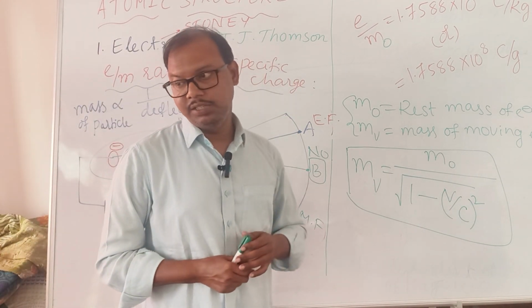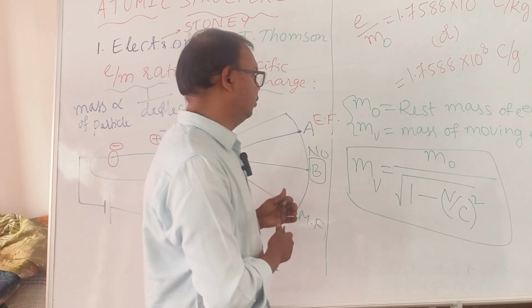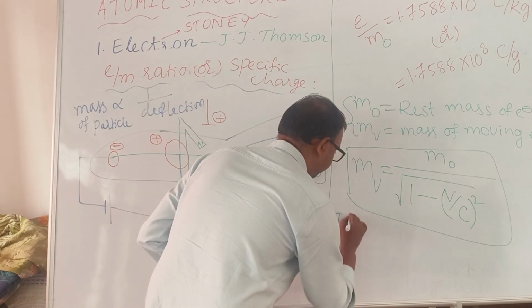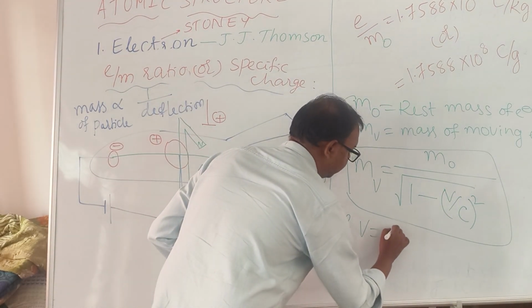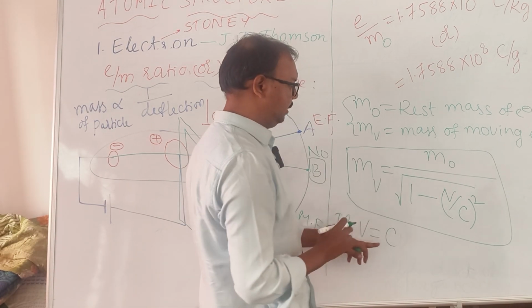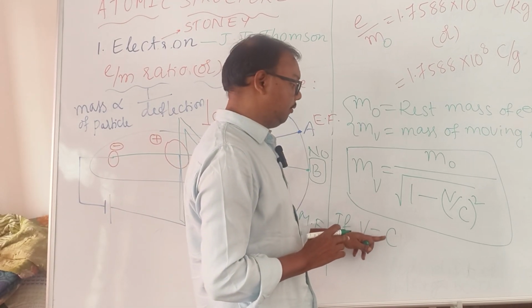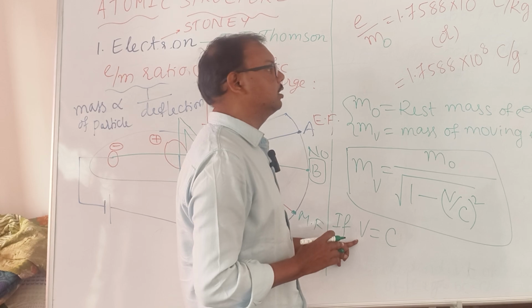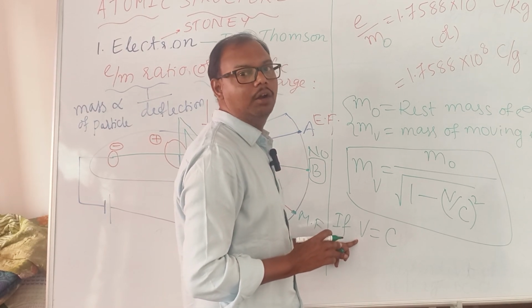You see, the important condition here: if the velocity of electron is equal to the velocity of light. C is called the velocity of light, v is called the velocity of electron. Keep that in mind, all of you.